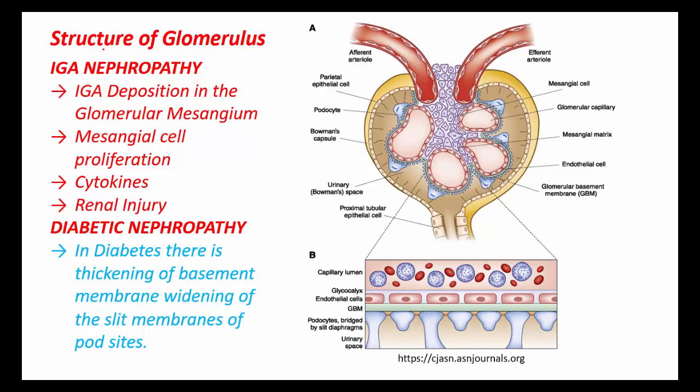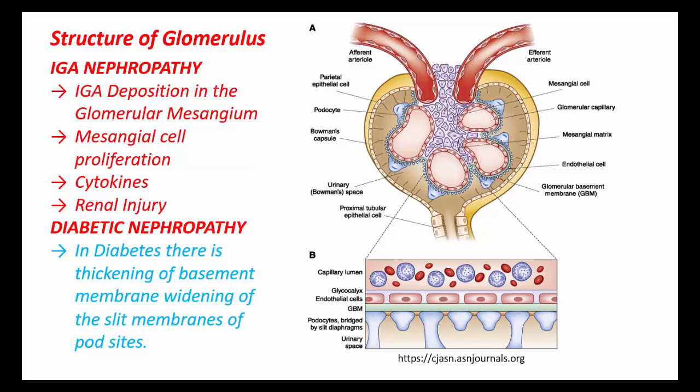So we see what happens in IgA nephropathy. IgA is an immunoglobulin that is naturally in the human body, but patients with IgA nephropathy often have a genetically determined increase in circulating levels of IgA, and this IgA accumulates in the glomerular mesangium. The mesangial cells and the mesangial matrix compose the mesangium, and these antibodies deposit in the mesangium.